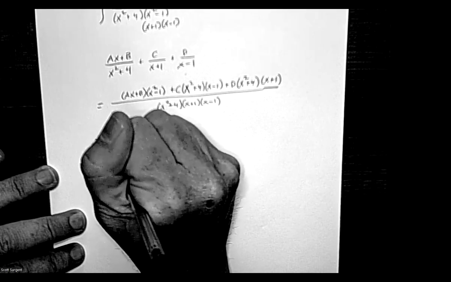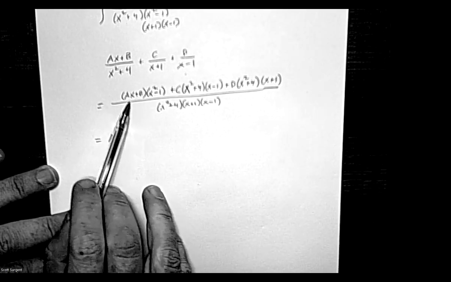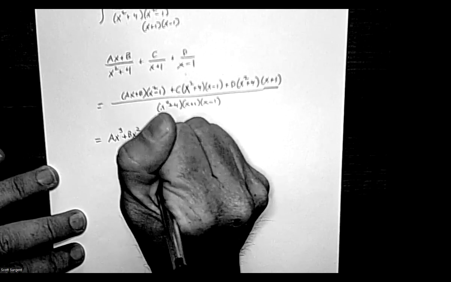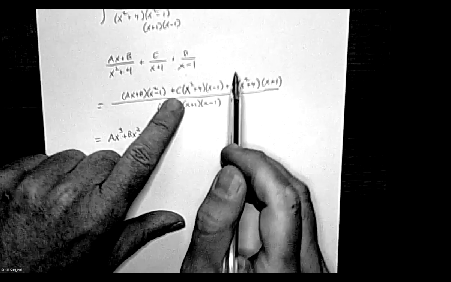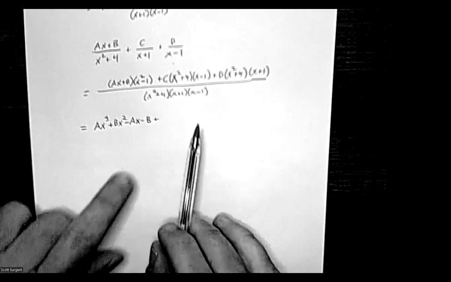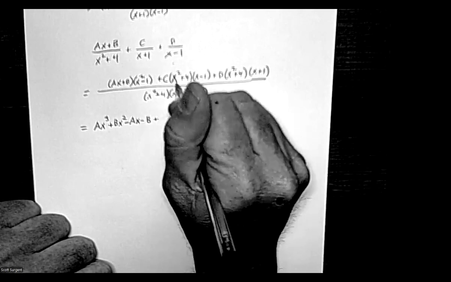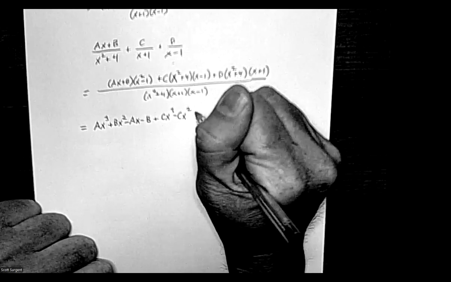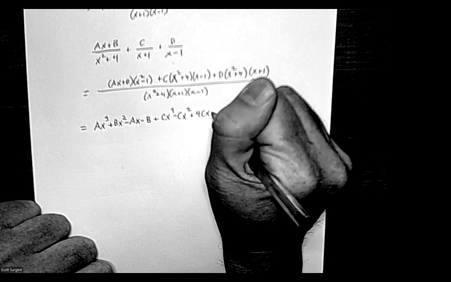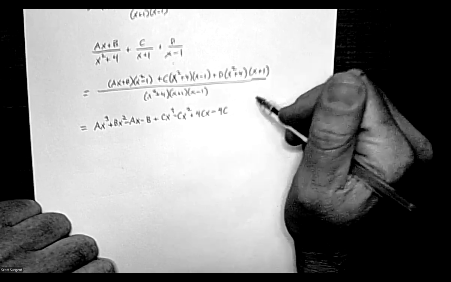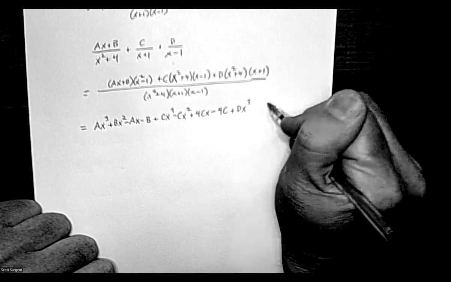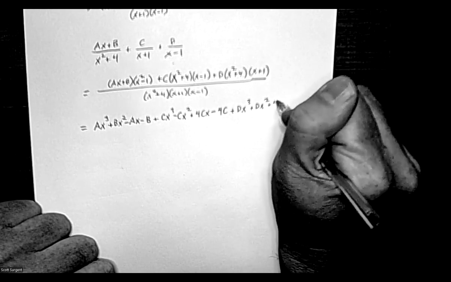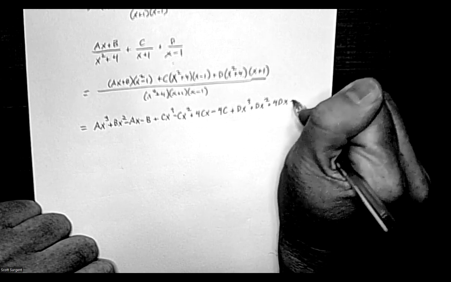So it's going to be ax cubed, plus bx squared, take away ax, take away b, and then here we're going to have cx cubed, take away cx squared, plus 4cx, take away 4c, and then from the last, we're going to have dx cubed plus dx squared plus 4dx plus 4d.